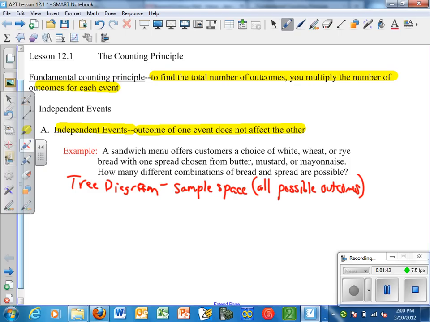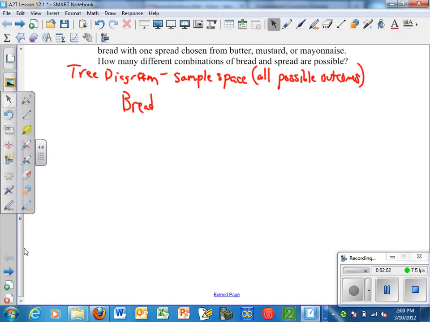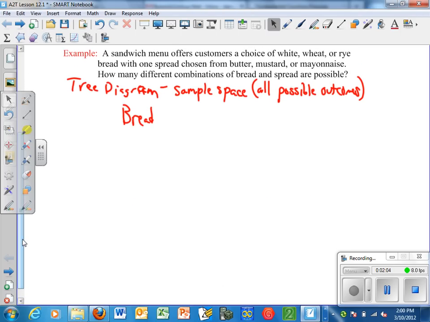So if we're going to make a tree diagram here, I'm going to label the first column bread. And we have three types of bread. We have white, we have wheat, and we have rye.